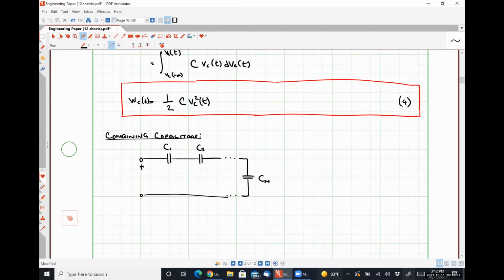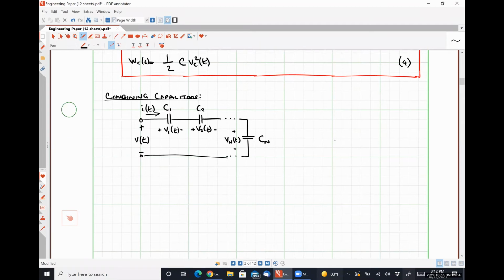And there is some total voltage VT across all of these capacitors in series, and there is some current I of t flowing through them. I can express the voltage drop over each of my capacitors as V1 of t, and then the voltage drop over capacitor C2 will be V2 of t, and so forth, until I get to Vn of t.